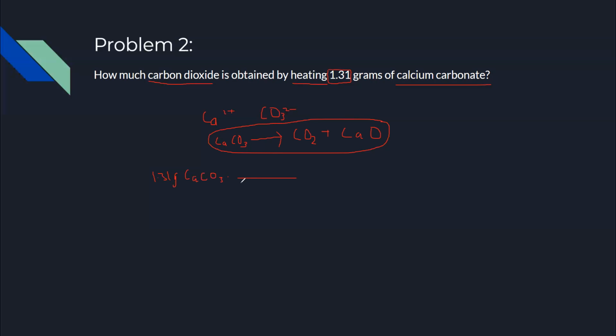So 52 plus 48 is, I think it's 100. Yeah, 100. So it's 100 grams CaCO3 equals 1 mole.